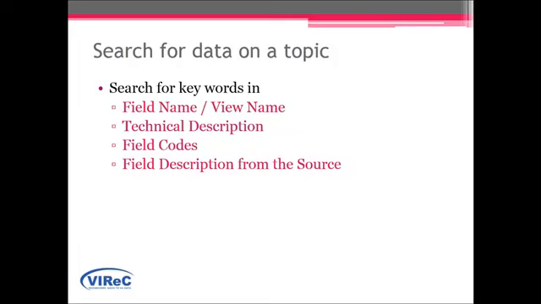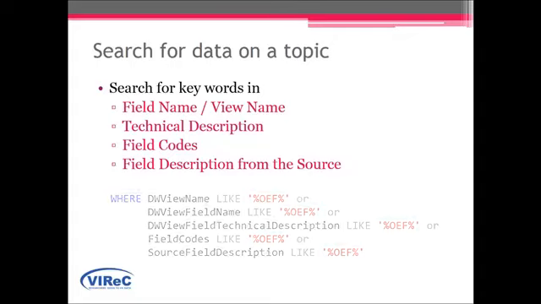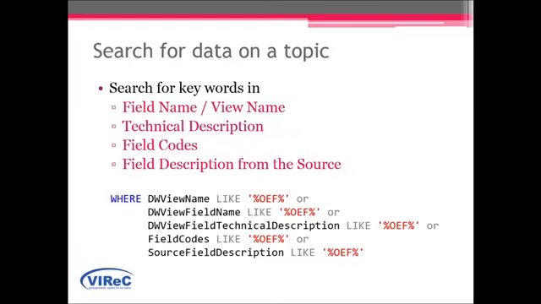So I'm going to go back to that DW view field, and I'm going to get my automatic query, and I'm going to need a where statement that allows me to look for my topic of interest. I'm going to have to write that line of code. So with all my different places that I suspect I should look in mind, I'm going to write a where statement that looks something like this, where I might be interested in searching for the phrase OEF for Operation Enduring Freedom.